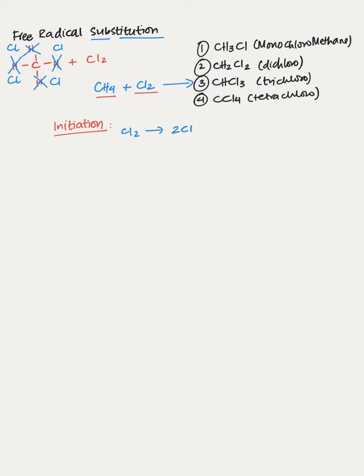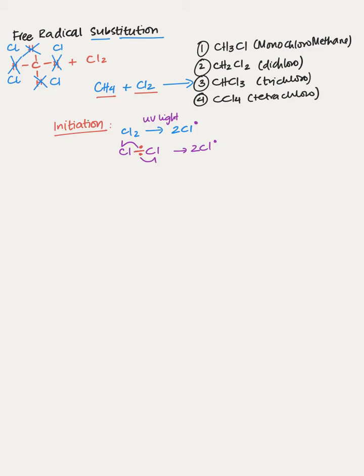And we know how. Cl2 will break homolytically to give us 2 Cl radicals. And this takes place in the presence of UV light. So this breaks here, giving us 2 radicals by homolytic fission.